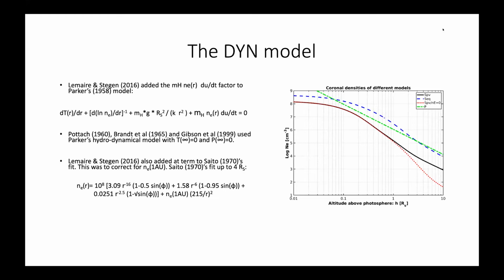So let me talk about the DIN model that I've been working on for a while now. Basically, it's a numerical model that is based on the assumption that temperature, electron density, gravity, and the solar wind balance out.